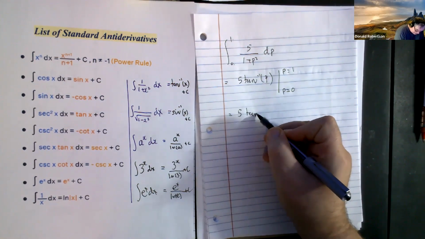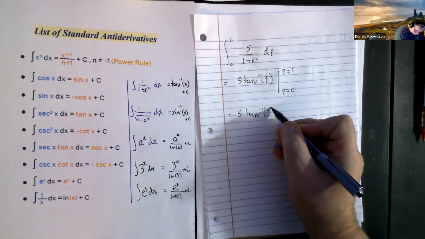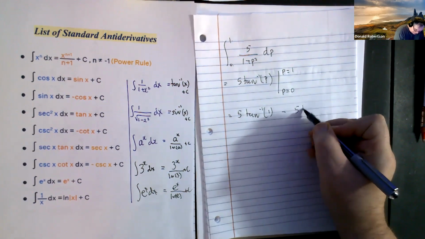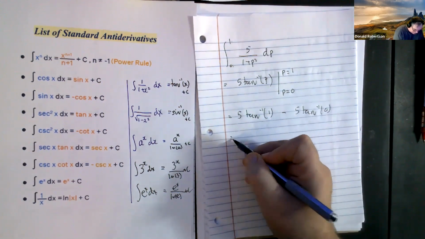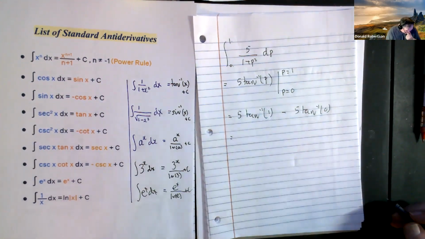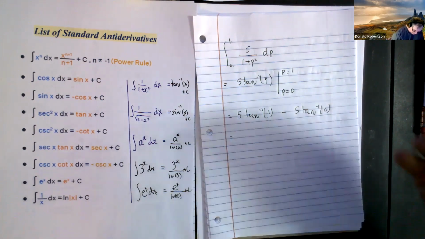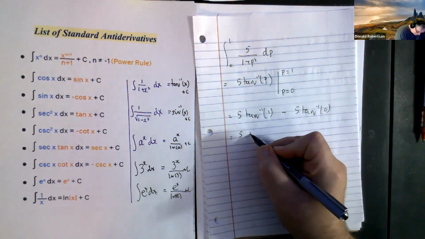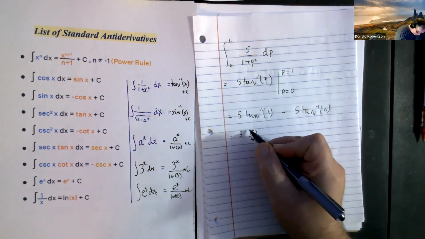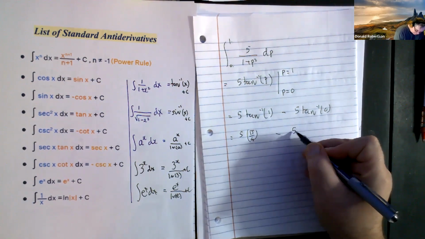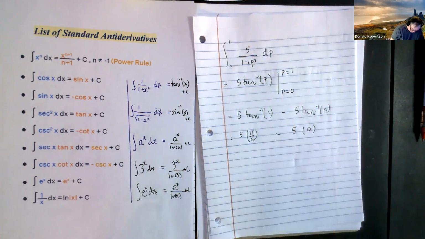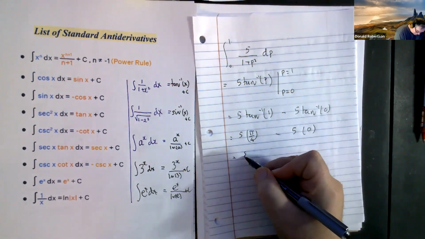So it's going to be 5 times the inverse tan of 1, take away 5 times the inverse tan of 0. To speed things up, the inverse tan of 1 is the angle whose tangent is 1, which happens to be pi/4. And inverse tan of 0 is the angle whose tangent is 0, and that angle is 0. And so what you end up with is 5/4 pi.